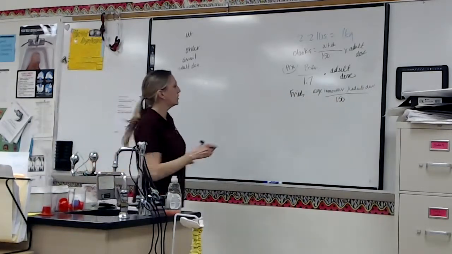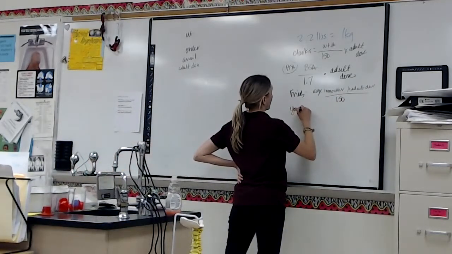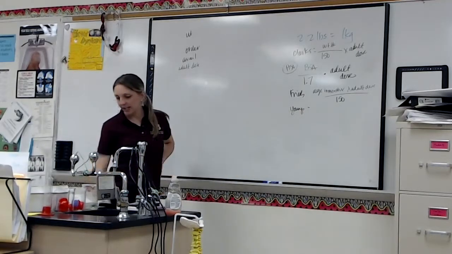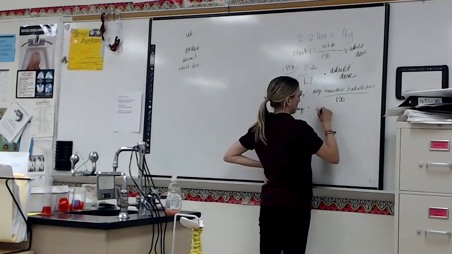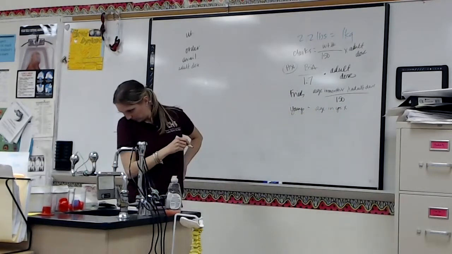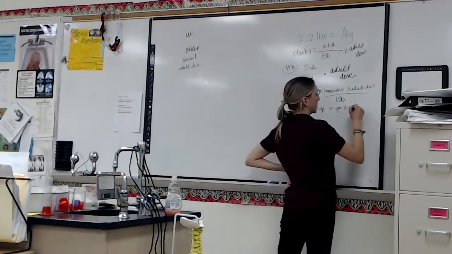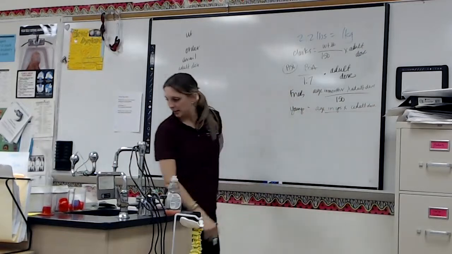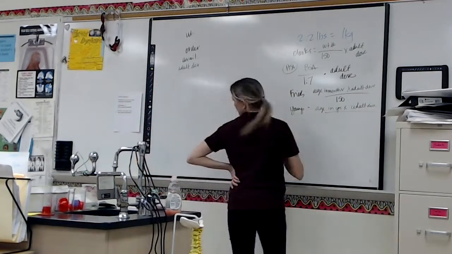Okay, Young's rule is age in years times the adult dose divided by age in years plus 12.